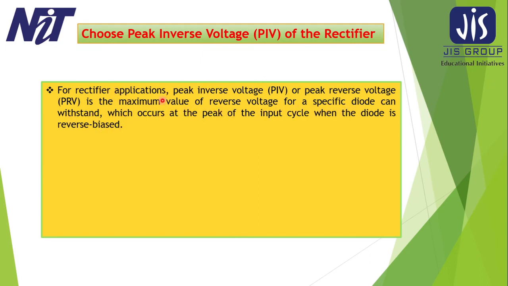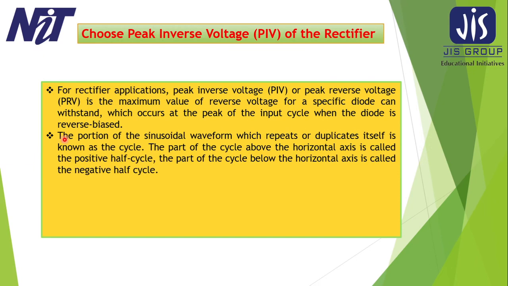That means your rectifier diode is not only working in the positive half, it is still working in the negative half, because in the positive half it will pass the signal component, but in the negative half, when the negative sinusoidal waveform is placed at the rectifier input, it should resist or block the entire negative part from reaching the output. So how much negative potential it can tolerate, this is the parameter to measure this property, called PIV.